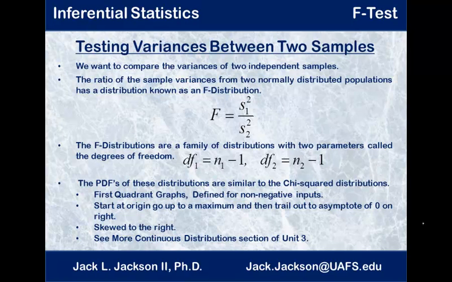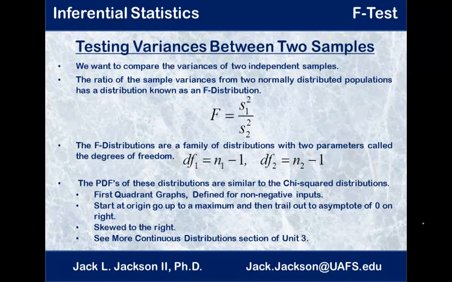So 1 less than the sample size. So just like in the chi-square distribution and in the T distributions, the degrees of freedom is 1 less than the sample size, except here we have two samples, so we have two different, possibly, degrees of freedom, two parameters.